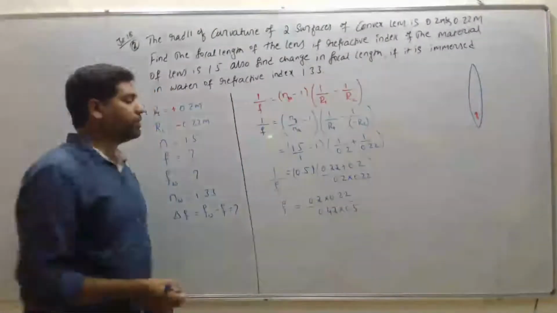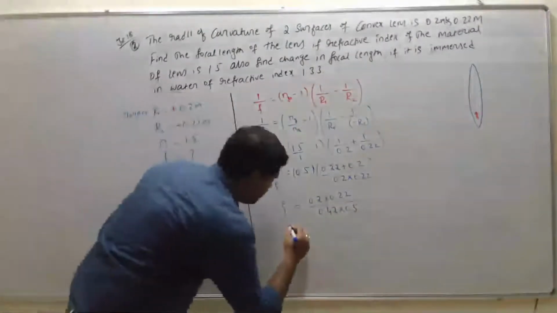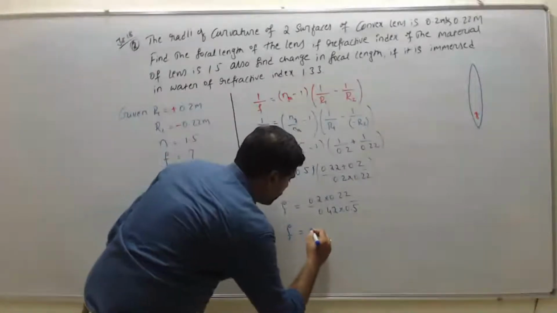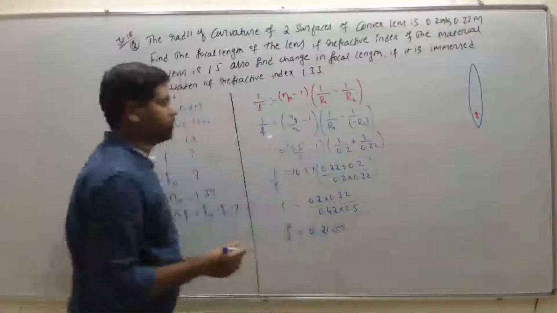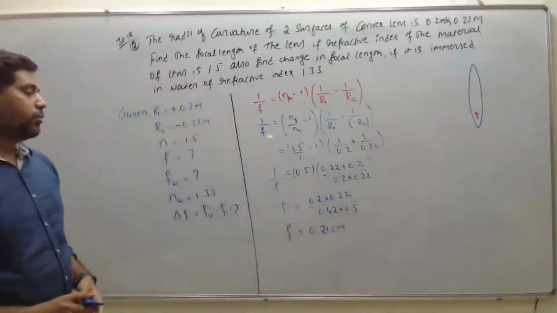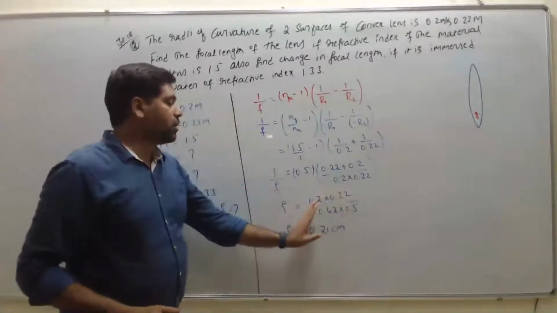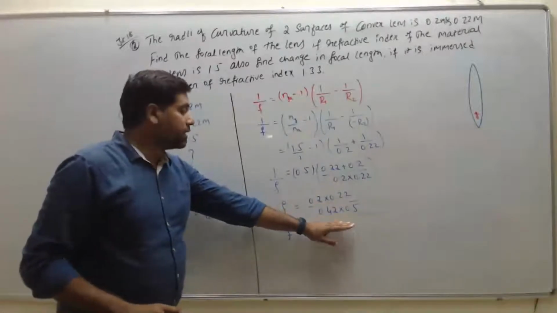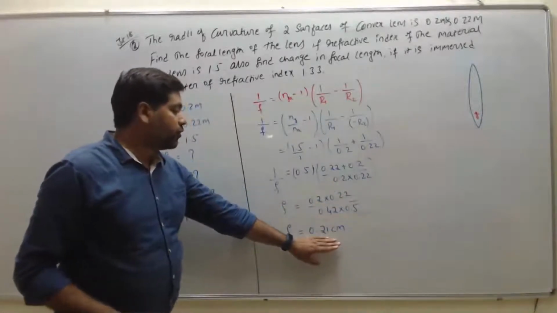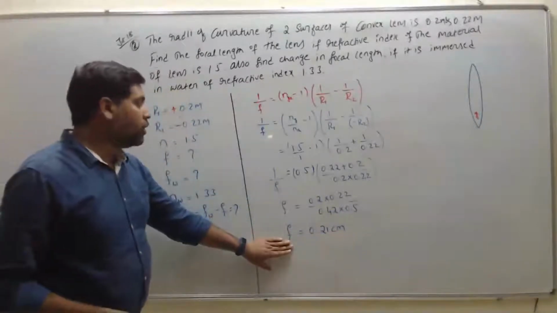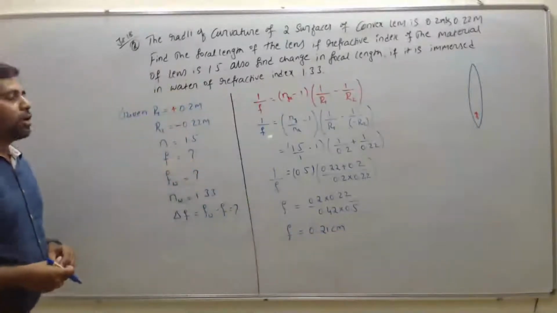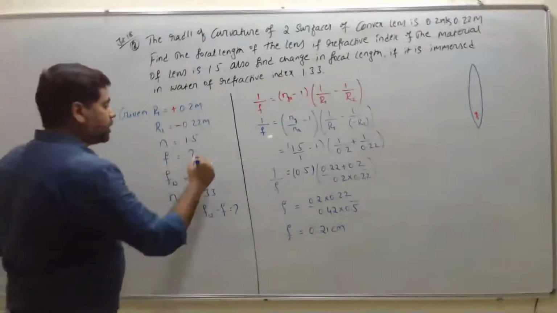So if we simplify this, then we get the focal length of the convex lens is 0.21 centimeter, right? So if we simplify by using a calculator or directly, we get the values. F is equal to 0.21 centimeter. So this is the focal length of the convex lens in the given medium.